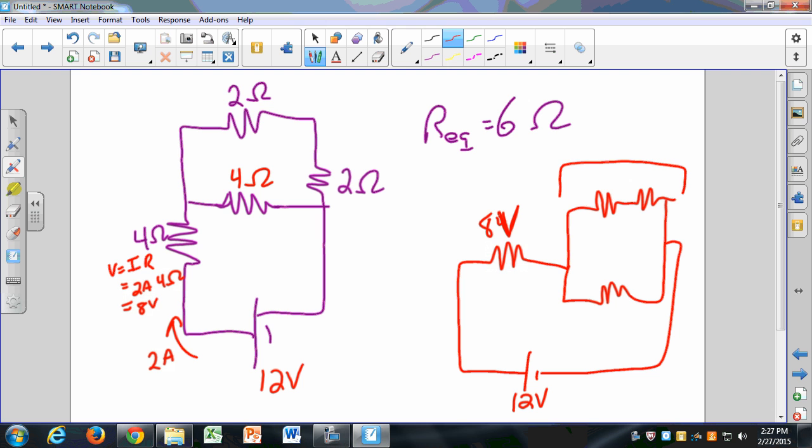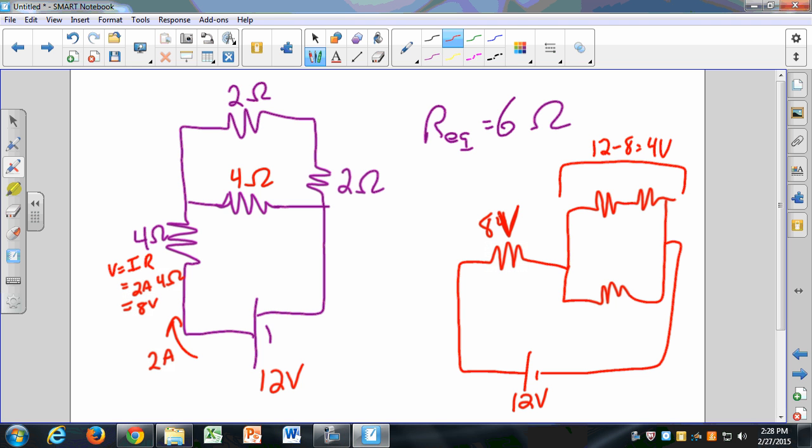I also have 12 minus 8 equals 4 volts across both of these branches. This whole thing between this point and this point has 4 volts across it. And both of these have the same voltage, so I have 4 volts here, and I have 4 volts across these 2 resistors. So this resistor then has what voltage? It has 2 volts. And this resistor has 2 volts.